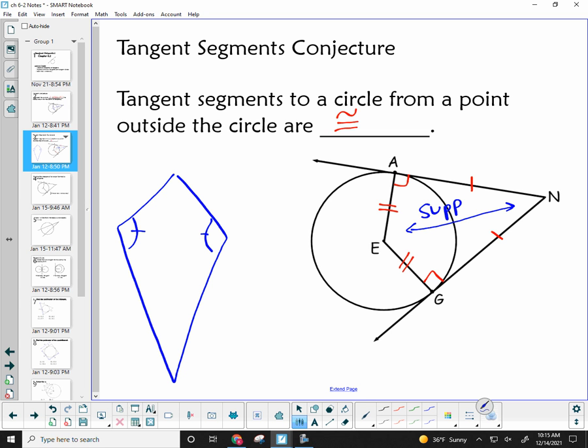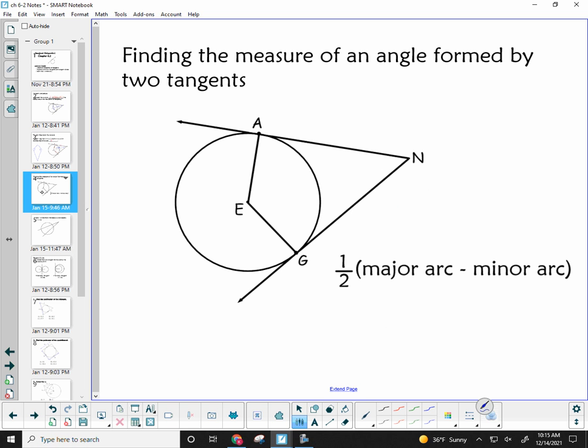There's also a formula that goes with this to find the measure of angle N. Okay? So if we want to find the measure of angle N, which is this angle outside, we have a special formula. I think this is way easier to think about because I can always draw in a kite. I can draw in my radii. But you also have the option of using this formula.